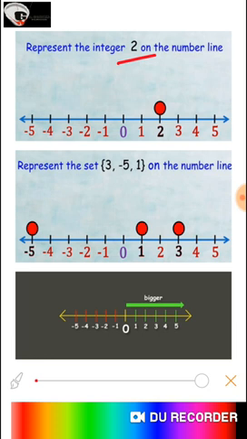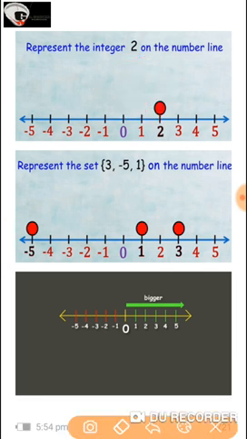Now, since 2 is a positive integer, it is going to be on the right side of 0. So we are going to move 2 steps to the right of 0, and there the number 2 is represented.